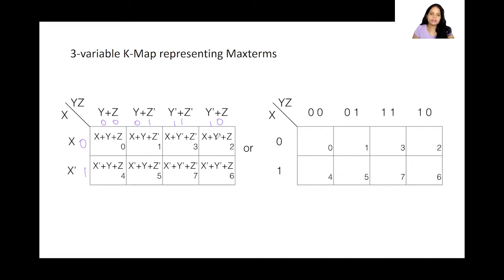That's all the difference is. Even these box values are going to remain the same, right? And here, as I said, we are going to OR the values. So if it is x, we are going to write x plus y plus z. So this is how we represent a three variable K-map.